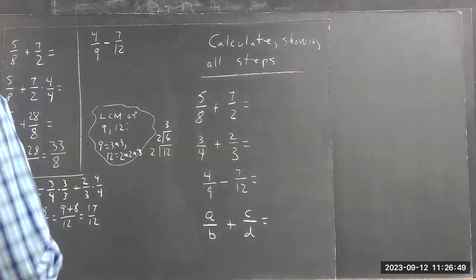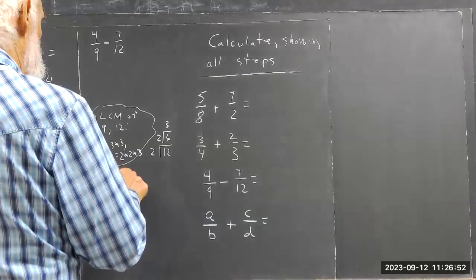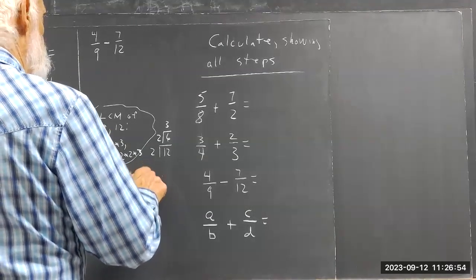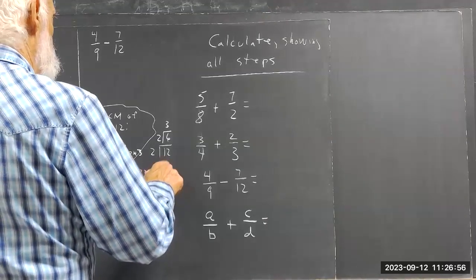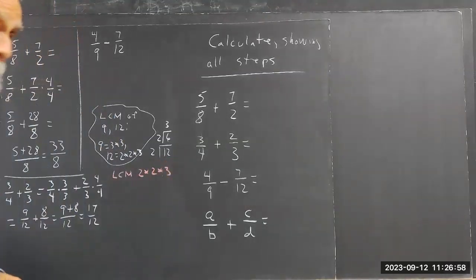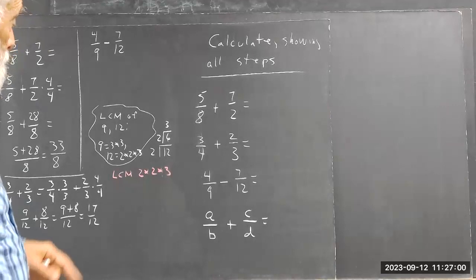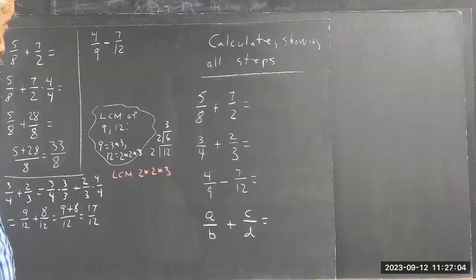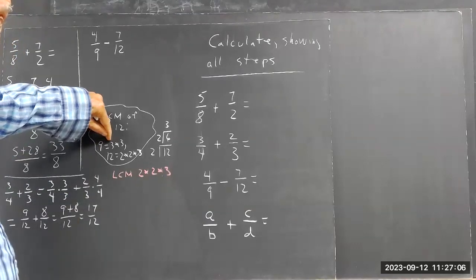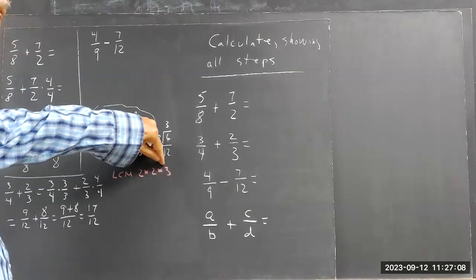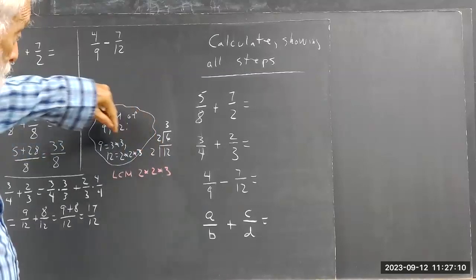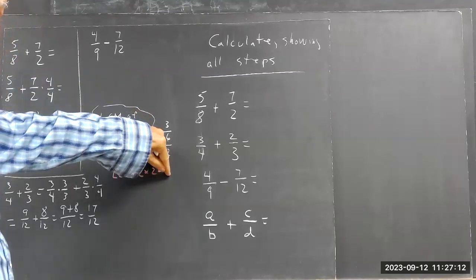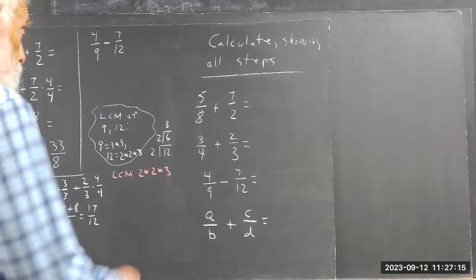So the least common multiple needs 2 times 2 times 3. Now, let's look at 3 times 3. We got a 3 down here. Have we got 2 3s down here? Oh, so we need another 3.